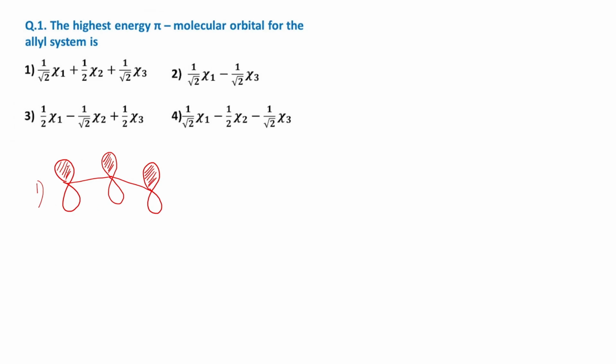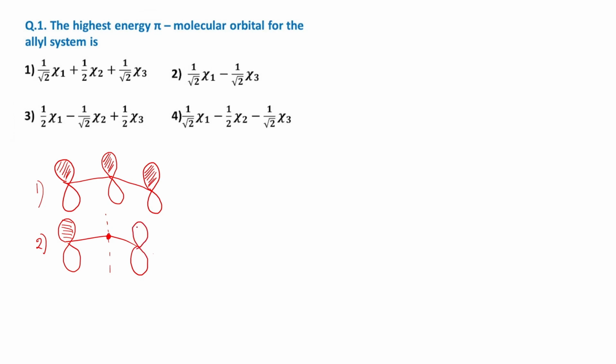A node will come when your sign changes, right? So what about the second one? The second one will look something like this. One node, yes, one node along the second atom, and there is no p orbital in this case. So this is actually something like a non-bonding kind of situation.